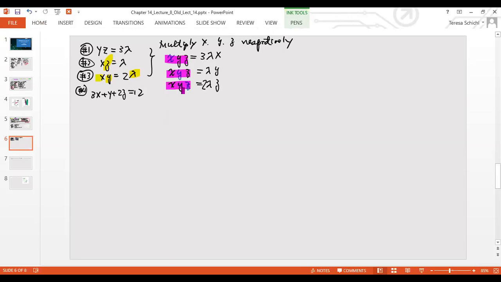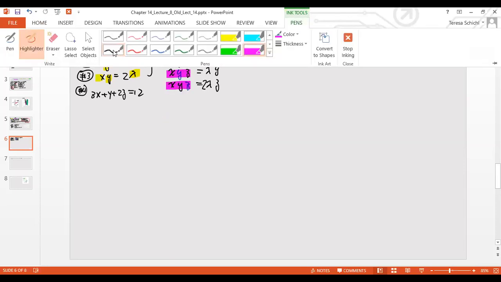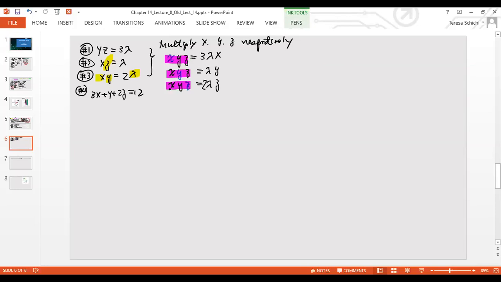This is a common trick when we try to solve Lagrange problems, because they're all equal. So I know 3 lambda x is equal to lambda y is equal to 2 lambda z. And I know lambda cannot be equal to 0. Why? Because if lambda equals 0, then x equals 0, y equals 0, z equals 0, so I have no volume, which would be a minimum.